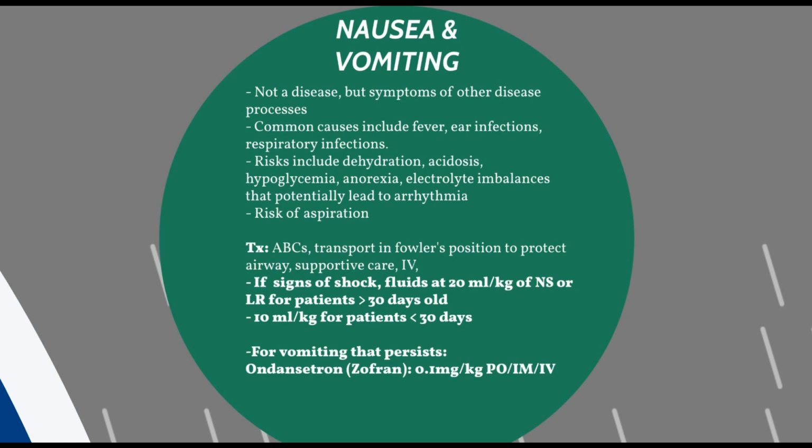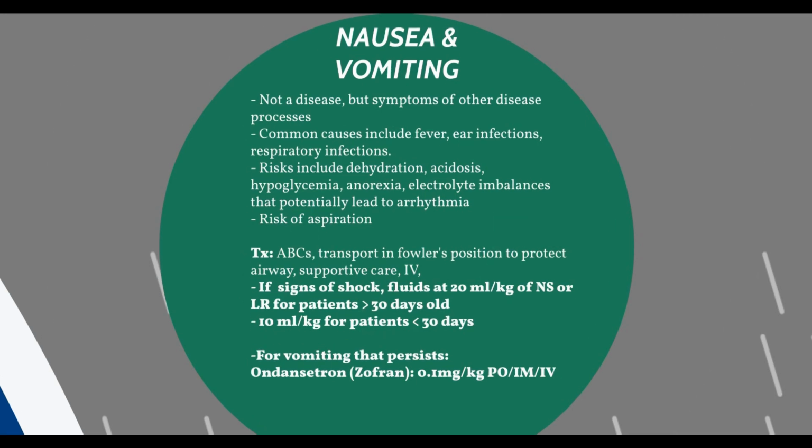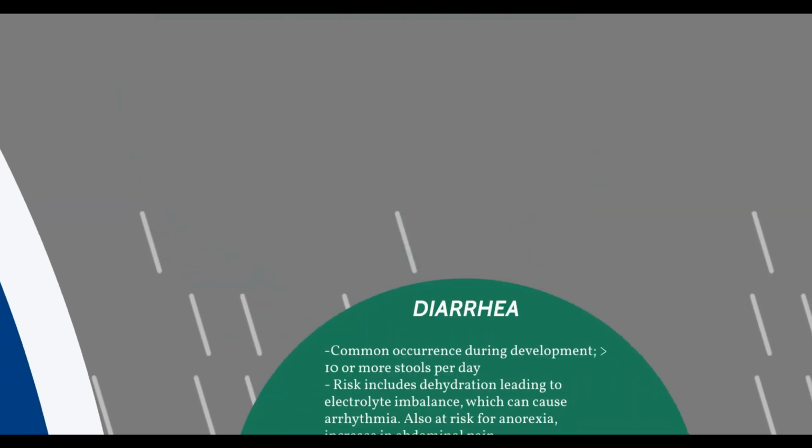For vomiting that persists, you can consider ondansetron or Zofran at 0.1 milligrams per kilogram, PO, IM, or IV, or Phenergan, also known as promethazine. The dose for this is 0.25 to 0.5 milligrams per kilogram, PO, IV, or intramuscular. Keep in mind that Phenergan is contraindicated for patients that are less than 2 years old.